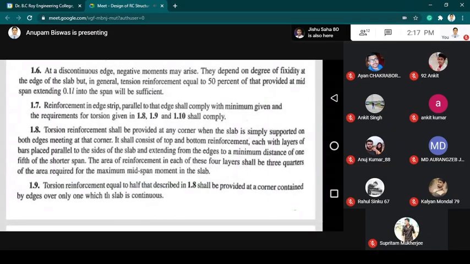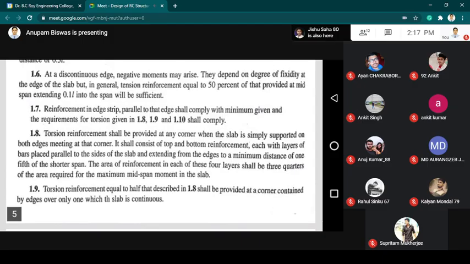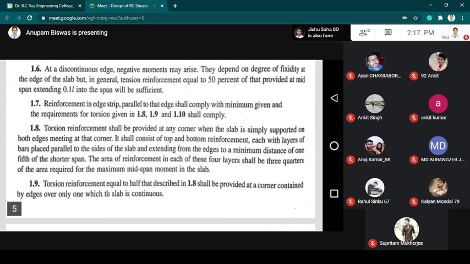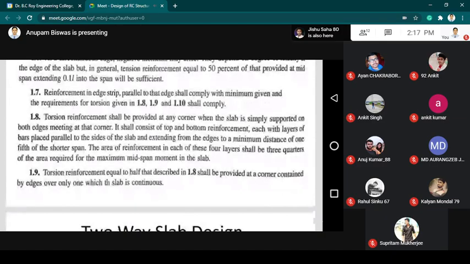So when the slab is continuous, instead of the simply supported condition discussed in 1.8, in 1.9 only half of the torsional reinforcement provided for section 1.8 is to be provided at the corner where the corner is contained by edges with a continuous slab condition.